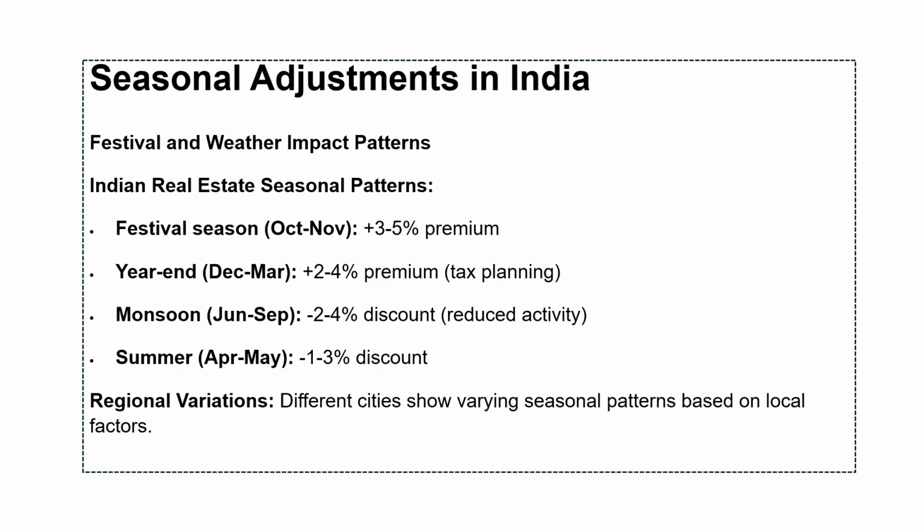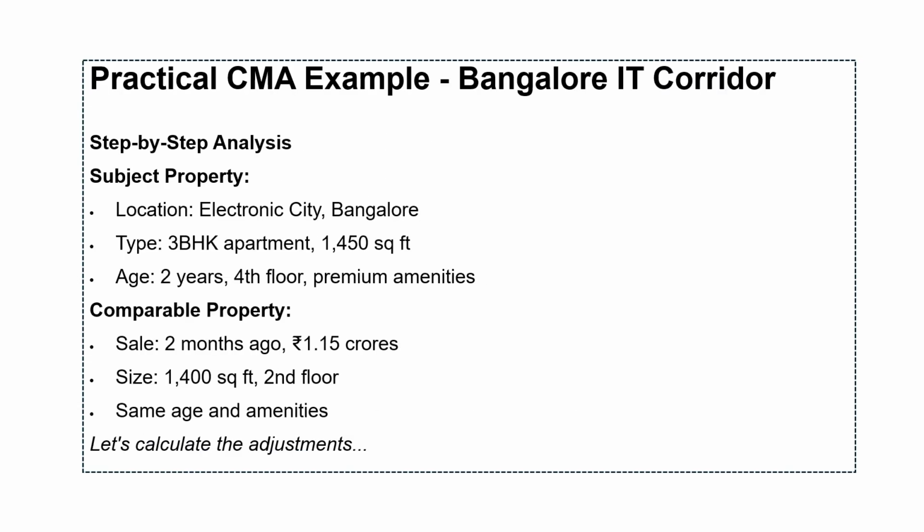Then we have a practical CMA example. This practical example demonstrates systematic CMA application using realistic Indian market data. The Electronic City location represents a well appointed complex with modern amenities.